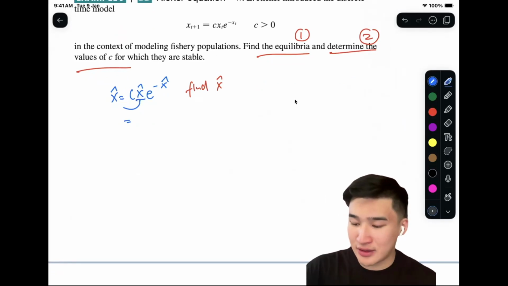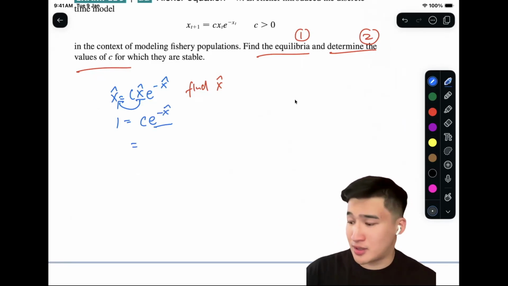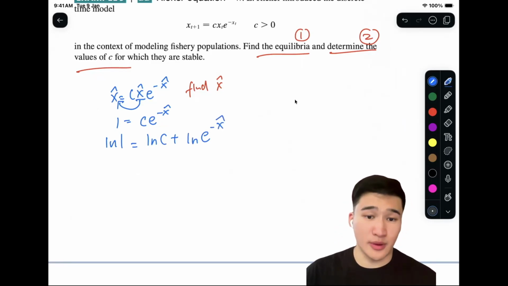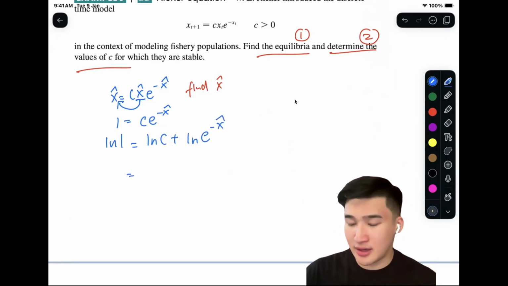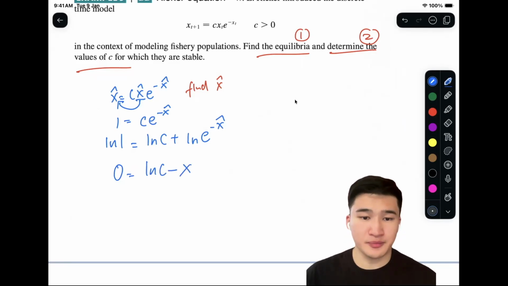If we move this x hat from the right to the left, we'll get 1 equals C e to the negative x hat. What happens is, we have e here, so we have to take a natural log on both sides. Natural log of 1 equals natural log of C plus natural log of e to the negative x hat. That's what we have. And eventually, natural log of 1 is 0, natural log of C minus our x hat.